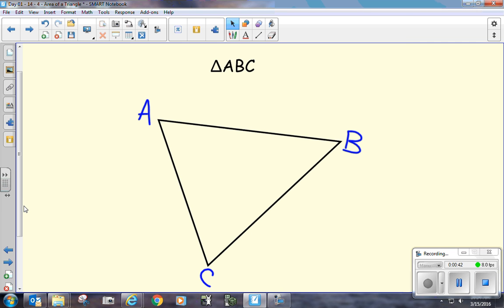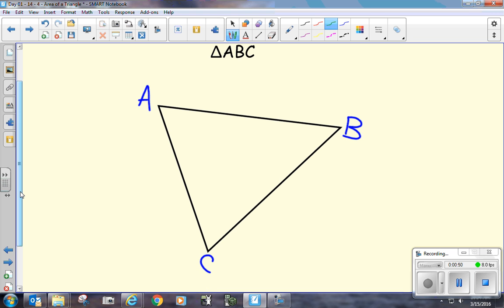So what represents the sides? Little a, little b, and little c, lowercase. Where would little a go? In between B and C, or you could say across from big A. Where would little b go? Across from big B. And little c would go across from angle C.